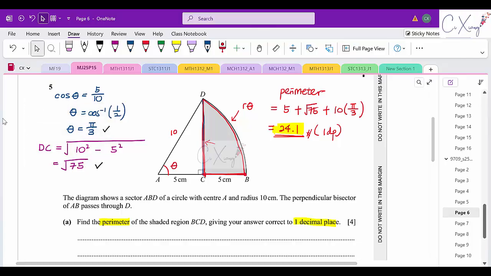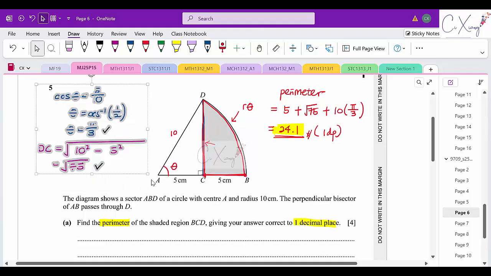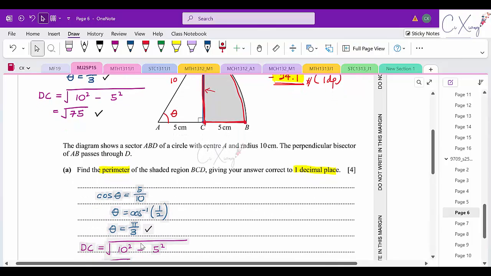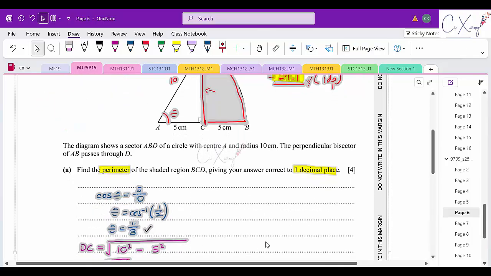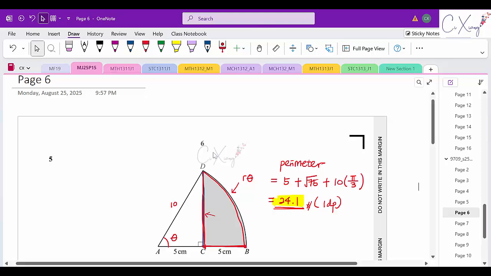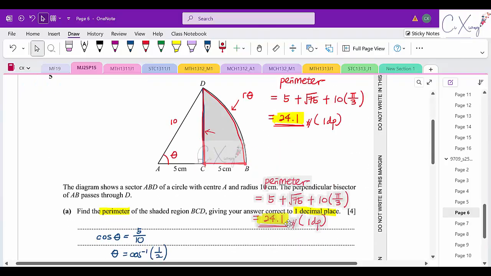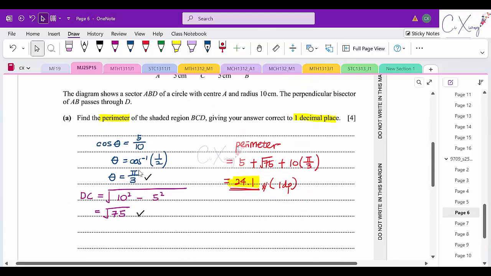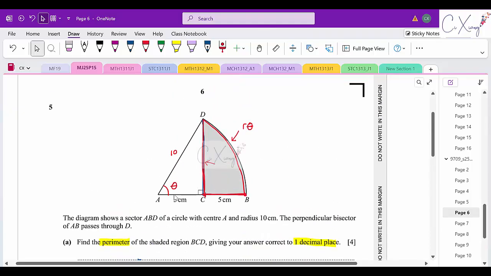Before that, let me shift my answers a little bit. Just now we successfully got the value for theta and also this length.